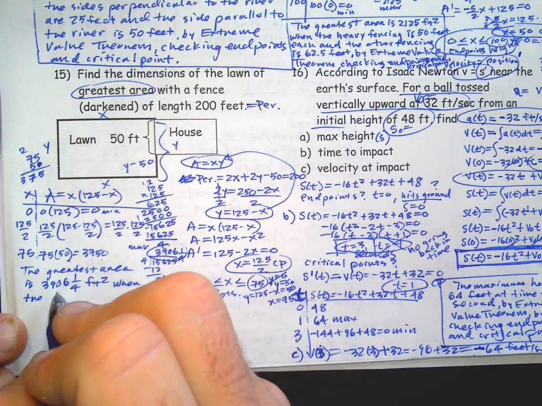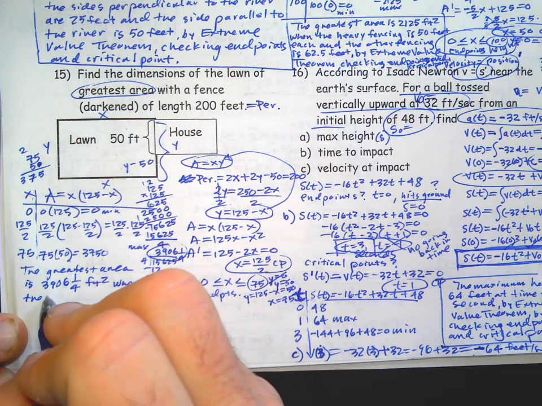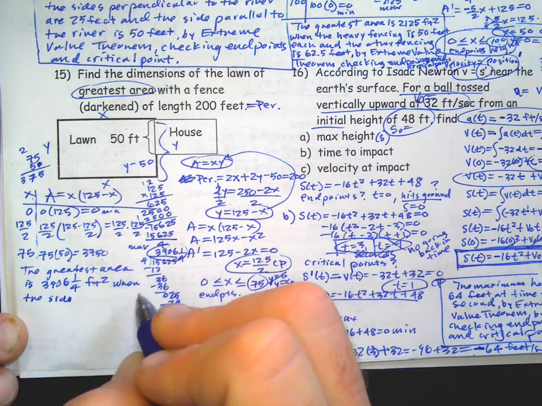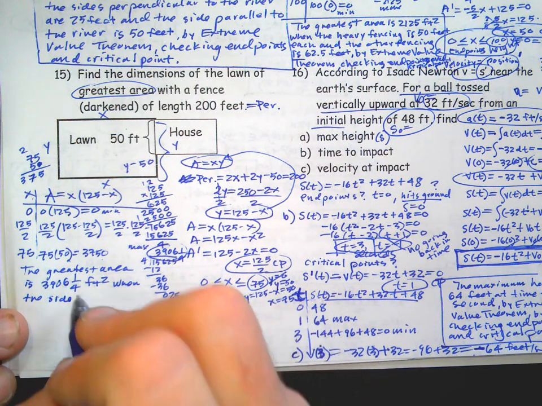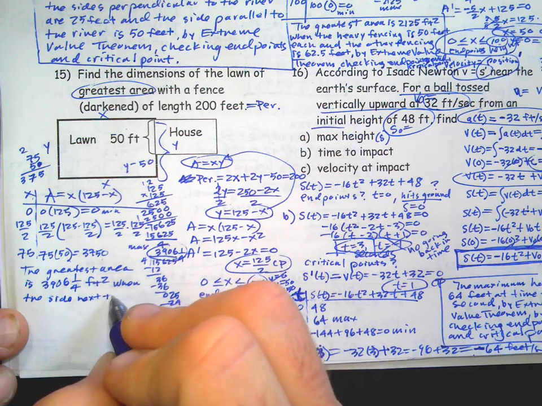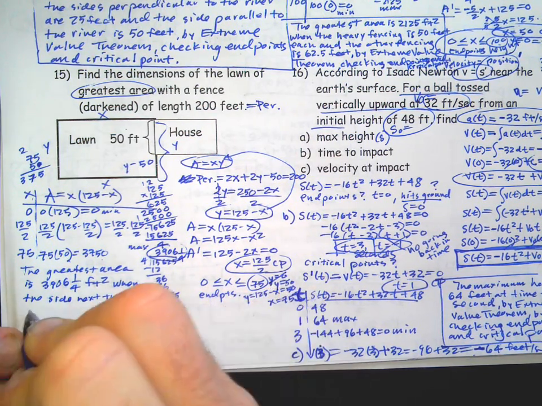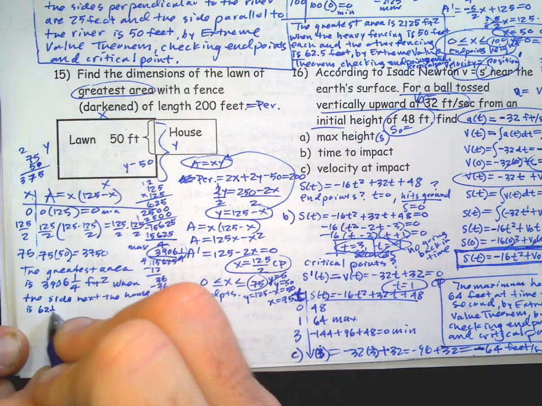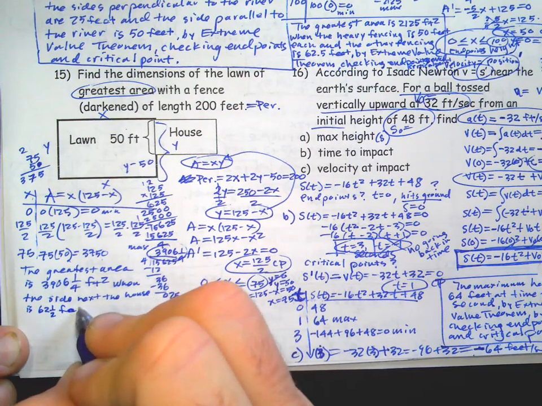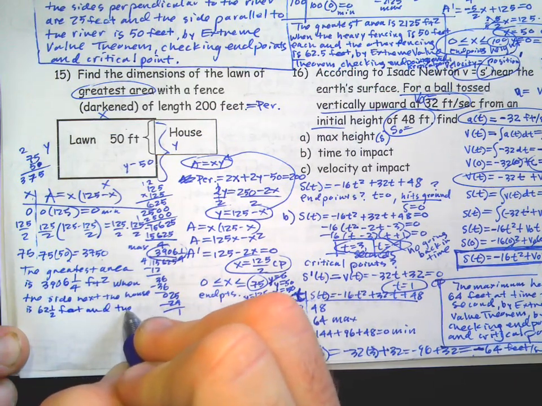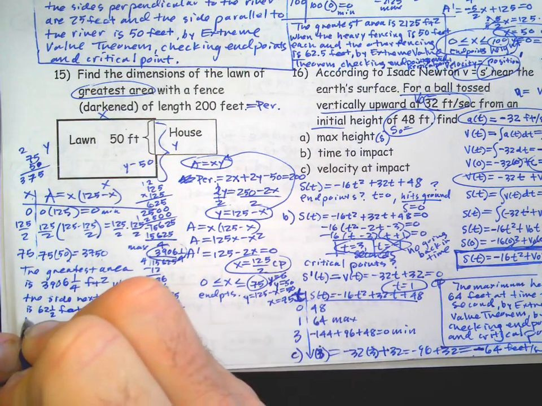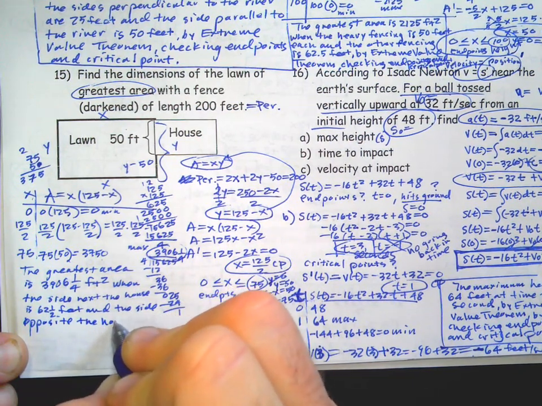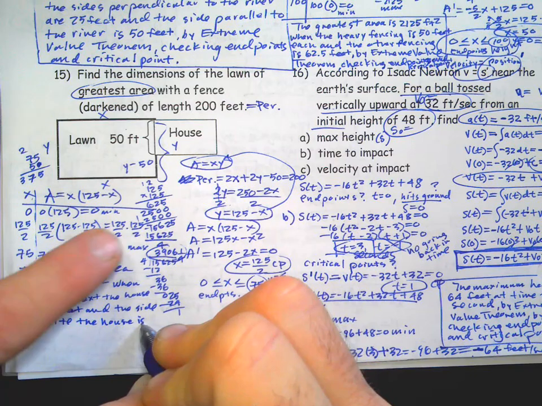I don't know how to describe this. Let's see. When the side next to the house is 62.5 feet, and the side opposite, meaning across from, opposite the house, is the same thing.